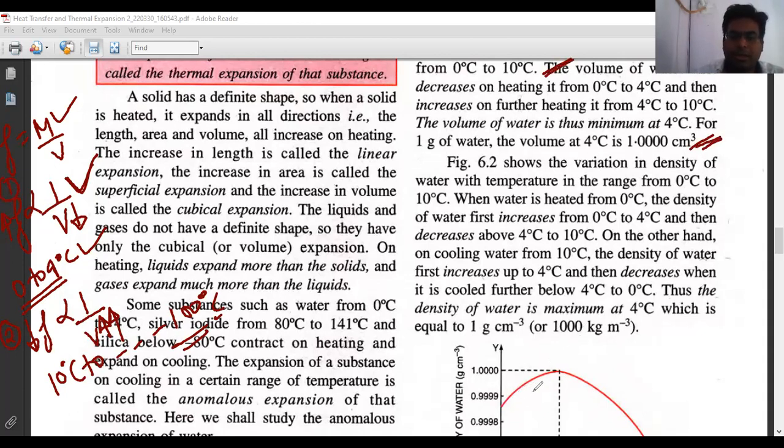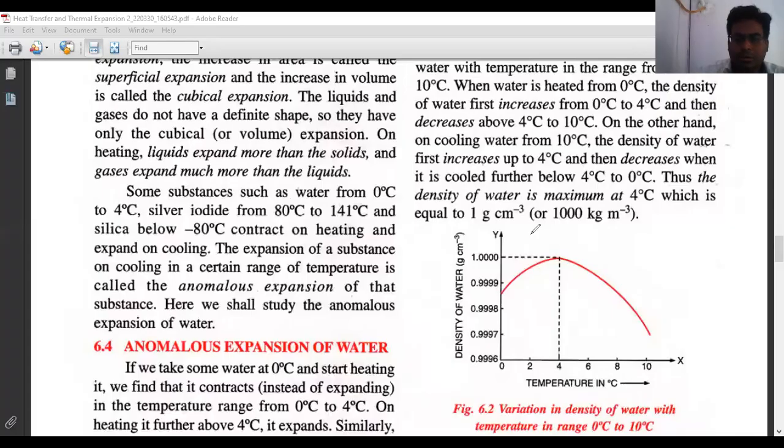So you can see it on the graph also. I will explain it to you by graph. You can see here on the y-axis, it is given the density of water. Its unit is gram per cubic centimeter. Density increases when we move vertically upward.